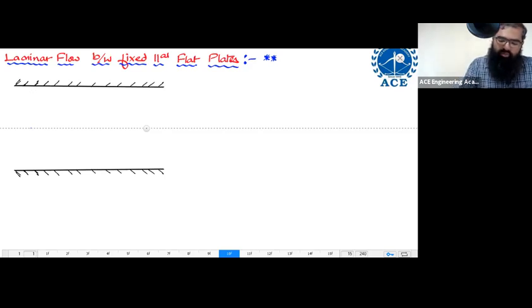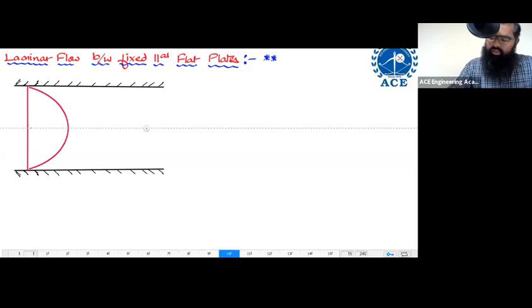First thing I'm going to look at is the concept of velocity profile. The velocity profile over here is again going to be parabolic in nature. So you have a parabolic velocity profile.